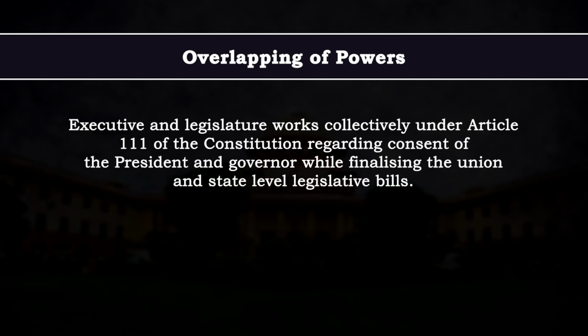On the other hand, executive and legislature work collectively under Article 111 of the Constitution regarding the consent of the President and Governor while finalizing the union and state level legislative bills.